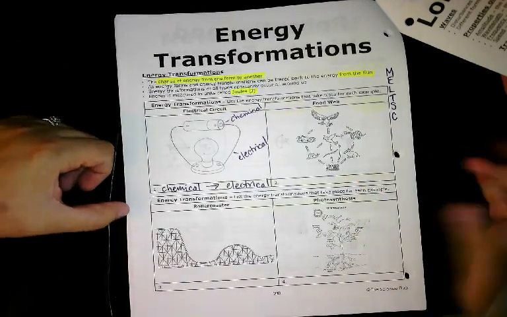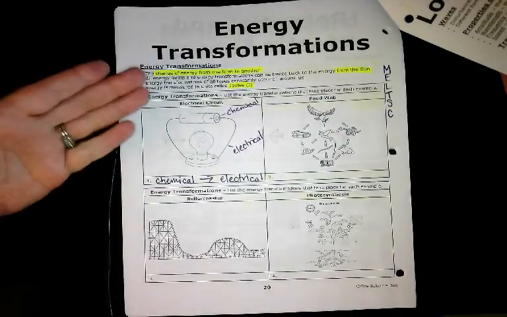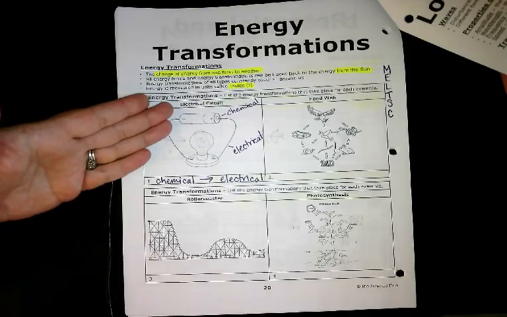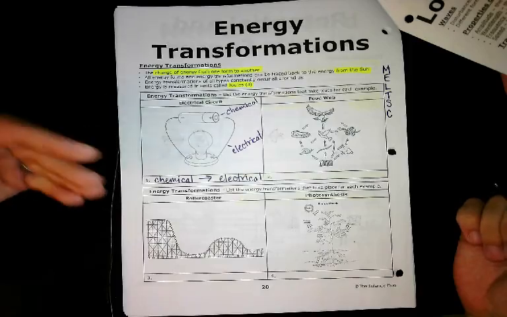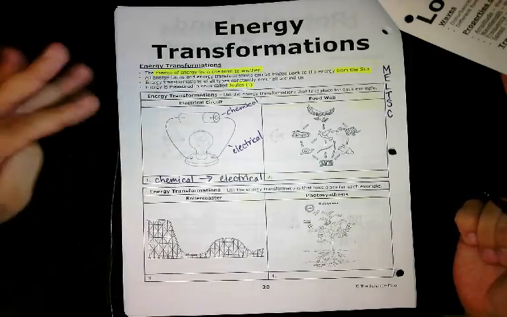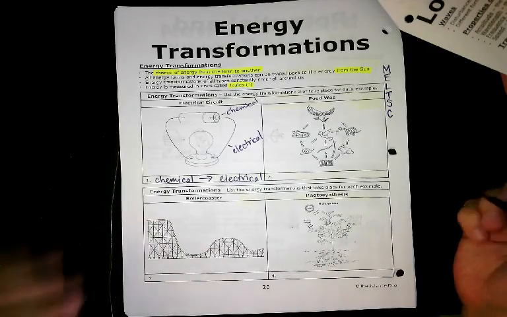Then we have the food web. And the same thing is happening here, because chemical energy cannot just be found in batteries. It's also found in all of the food. Any type of stored up potential energy inside something, that is chemical potential energy.